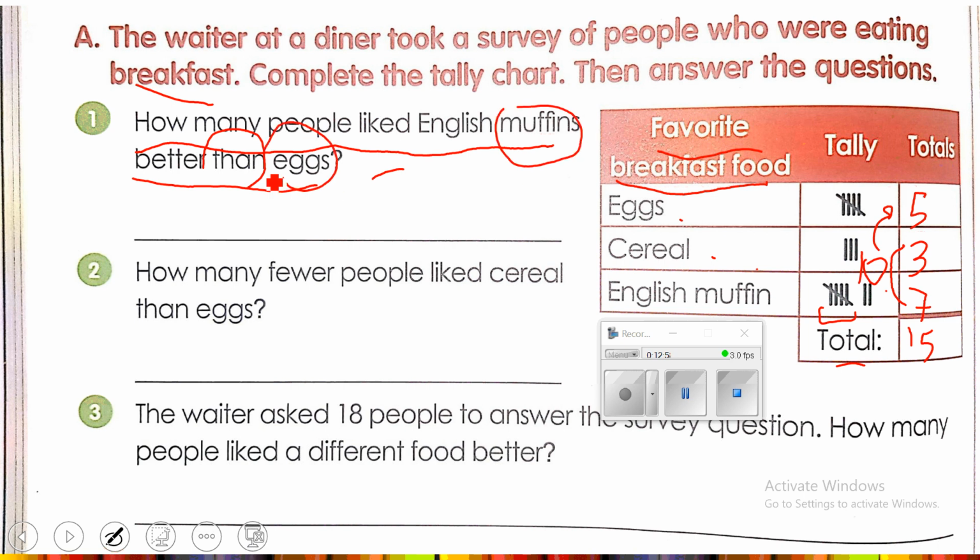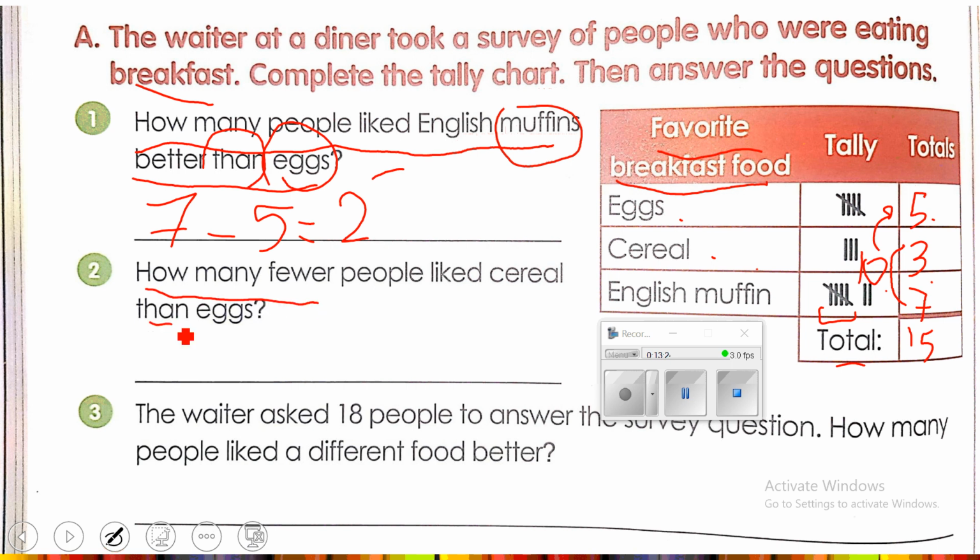Muffins and eggs. Where are the muffins? 7. How many eggs? 5. Which is greater? Perfect, it's 7. So 7 minus 5. Yes, 5 in my mind, but after 5, 6, 7. 2 fingers. Perfect, 2.